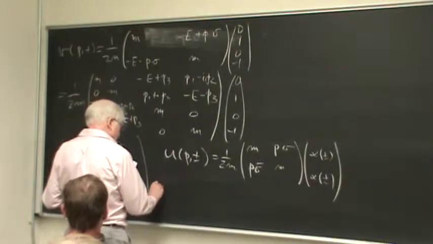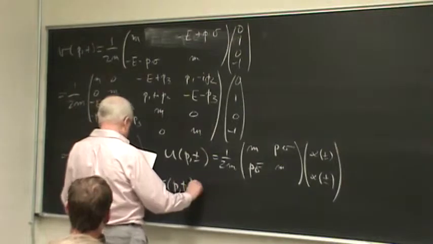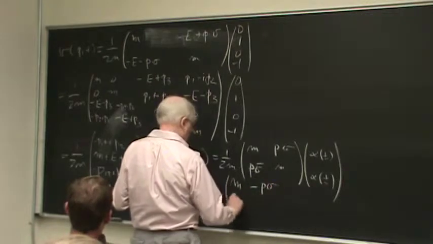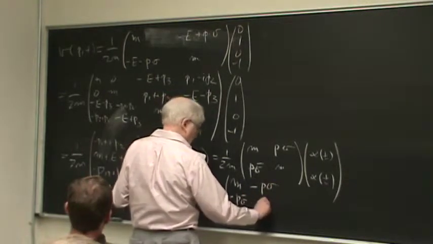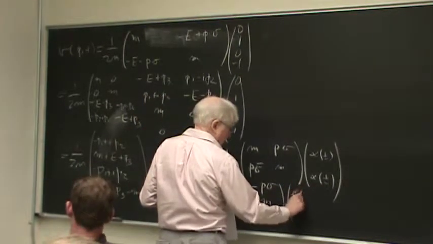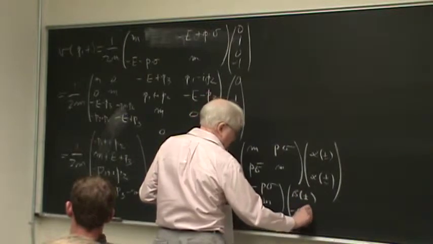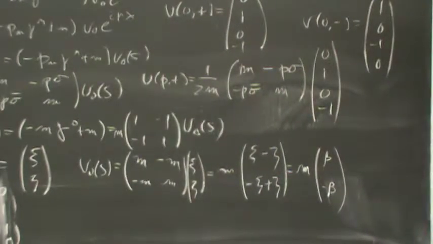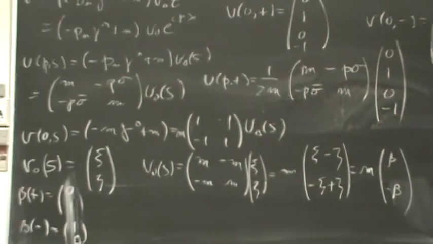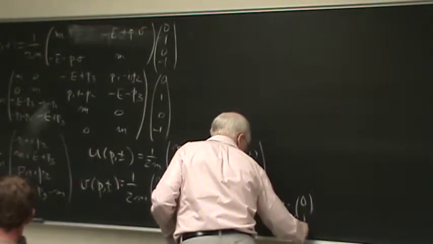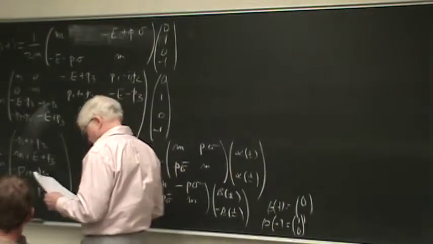But then the v's are v of p plus or minus, or 1 over 2m, m, minus p sigma, minus p sigma bar, m. And now it's beta plus or minus, but we've just learned that beta plus is 0, 1, and beta minus is 1, 0. So it's opposite of what you'd expect.